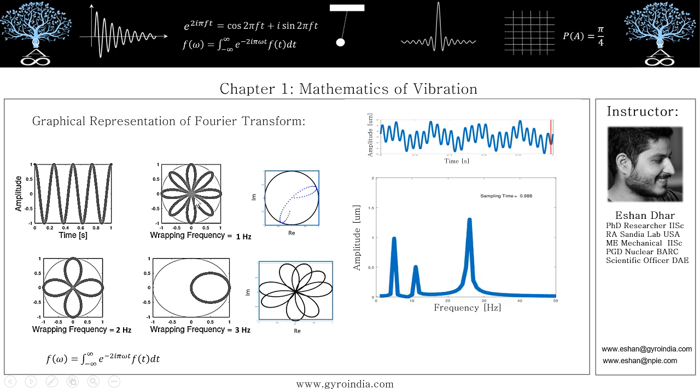And if the frequency of the input wave matches with the frequency of the Euler's formula, we get a circle, and the radius of this circle in a way gives us the feel of the proportion of energy in that particular frequency.